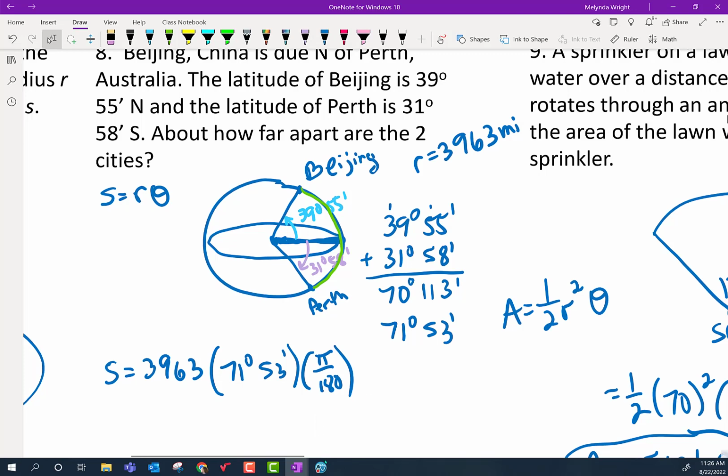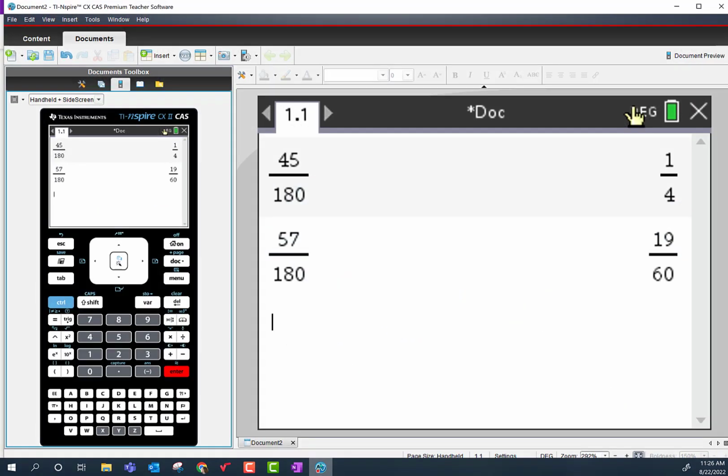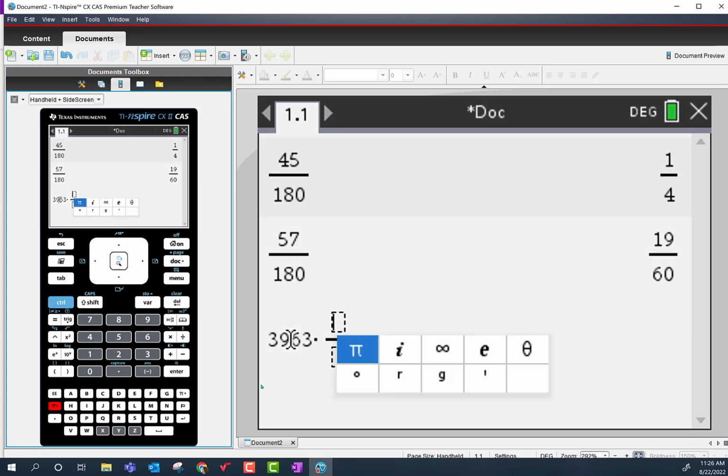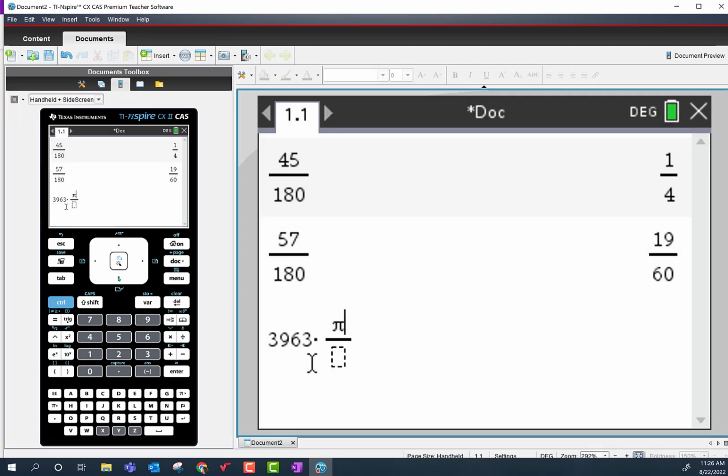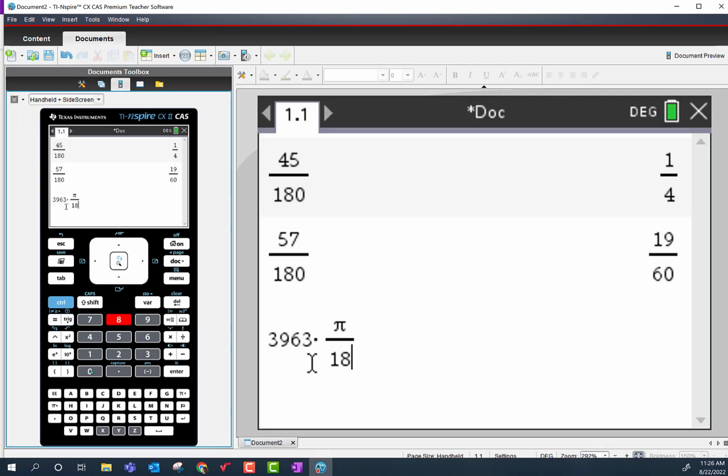All right, so let me go to my calculator and type in 3963 times, and I'm going to put the fraction next because that's easier. So we need pi over 180 times. Now there is a button on here for degrees, minutes, seconds, but I don't remember where it is.